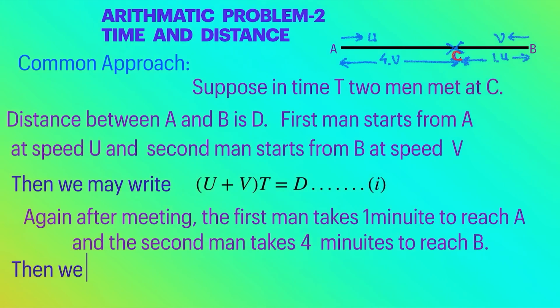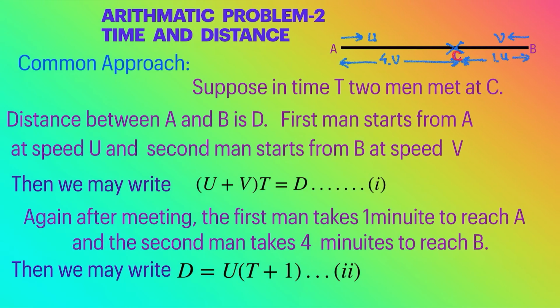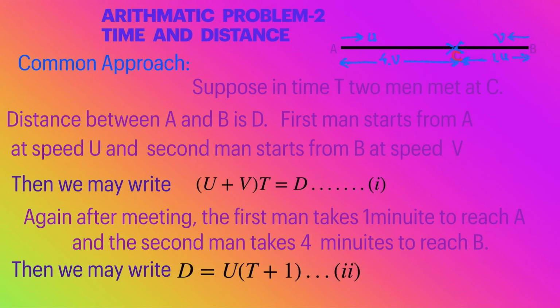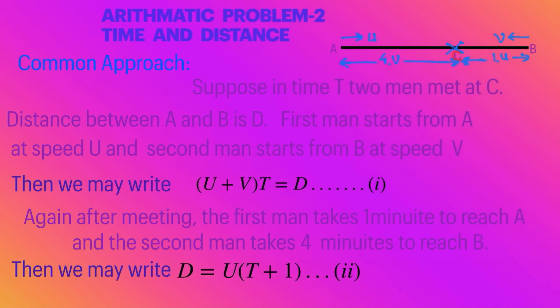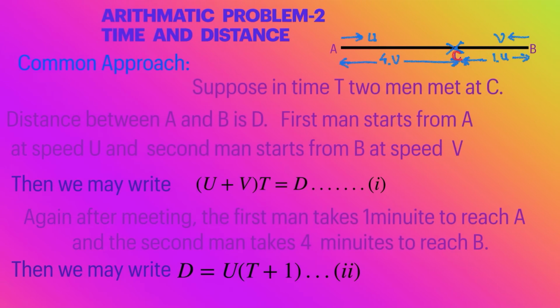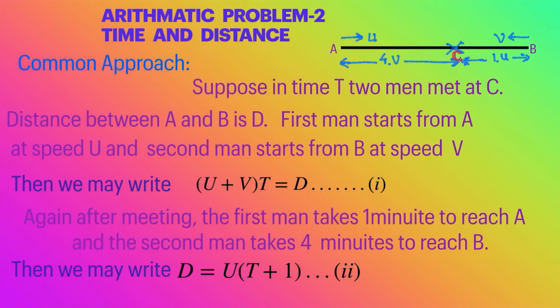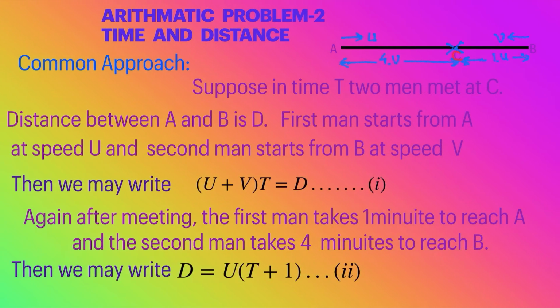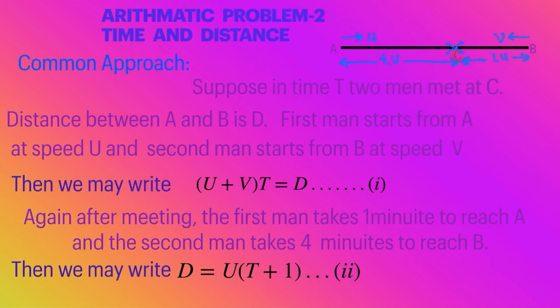So d equals u into (t plus 1), because u is the speed of the first man. So that is equation number 2.